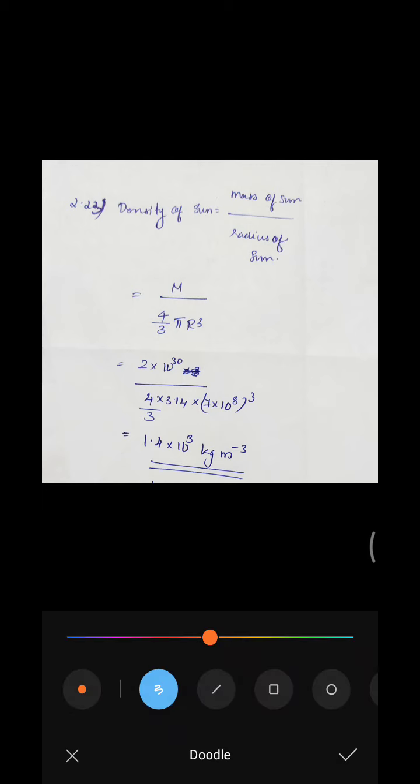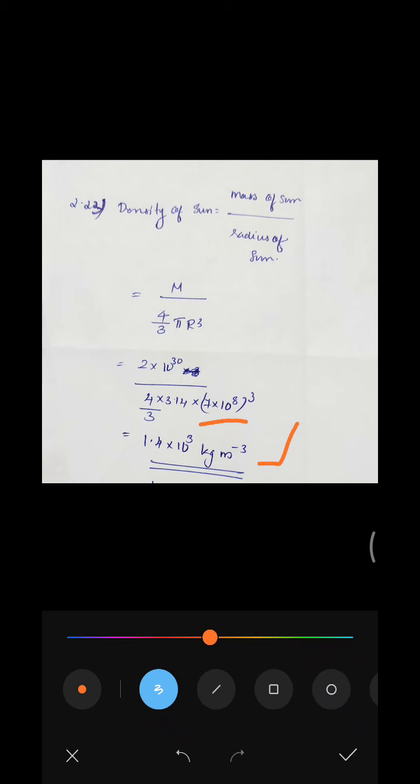So the final value you will obtain as 1.4 into 10 raised to 3 kilogram meter raised to minus 3. Okay, so this will be the density of the Sun. Do the calculations and check whether it is right or wrong.